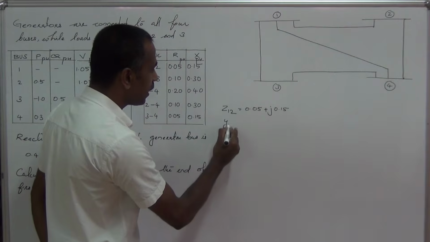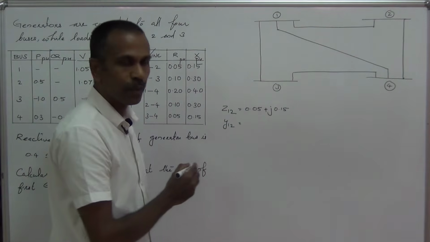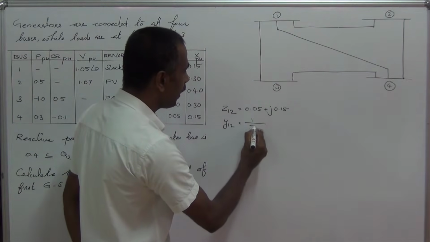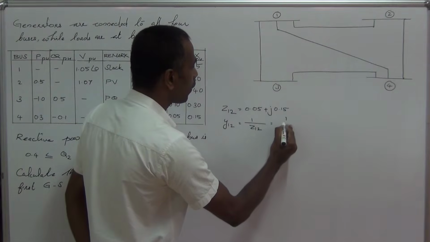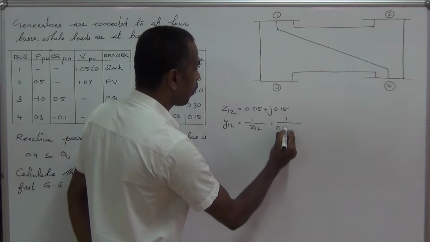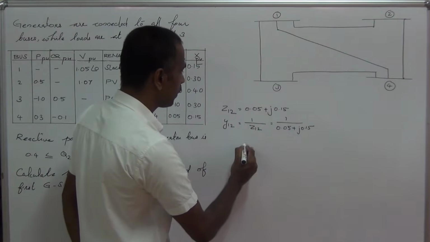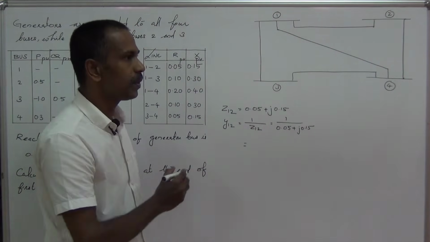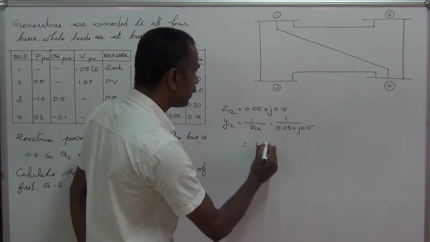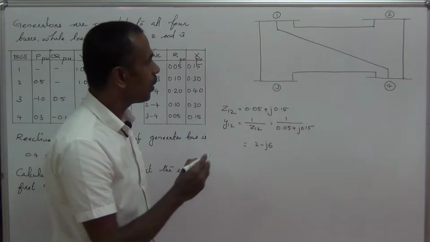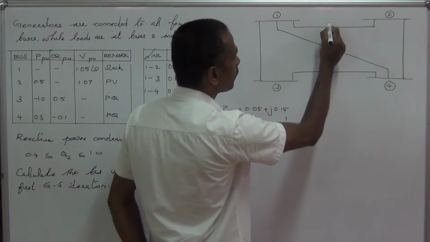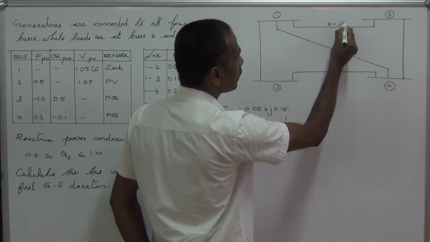So the line admittance equals 1 by impedance. This is equal to 1 by 0.05 plus j 0.15, and this is equal to 2 minus j6. Let me mark the value here. It is 2 minus j6.